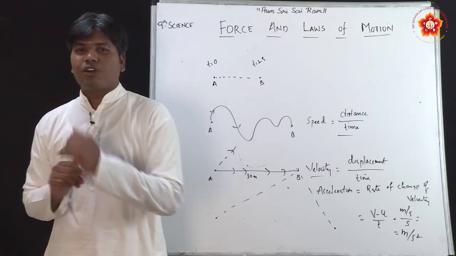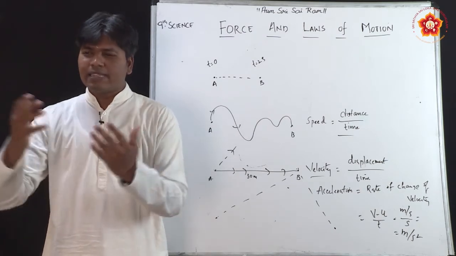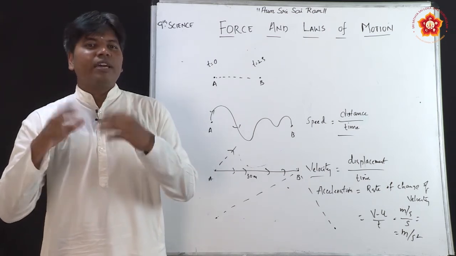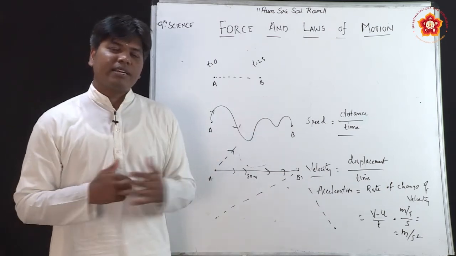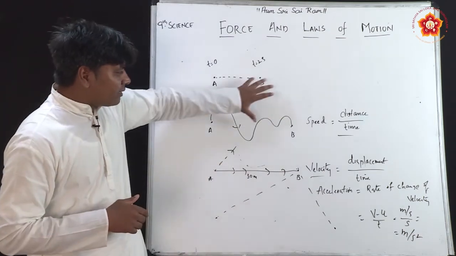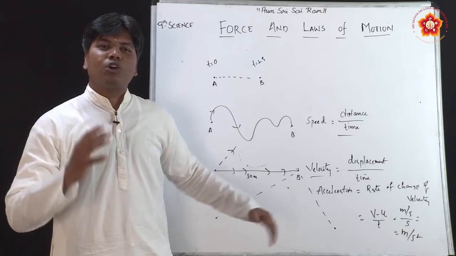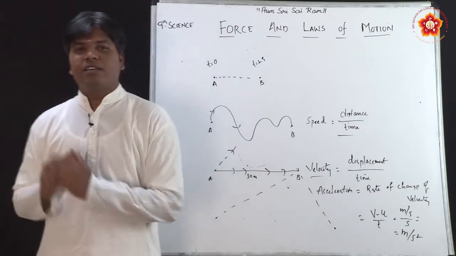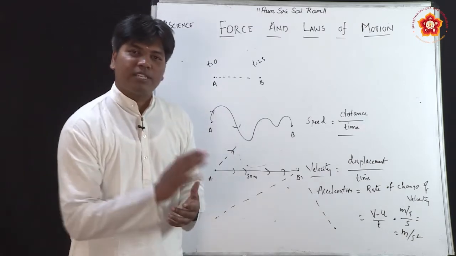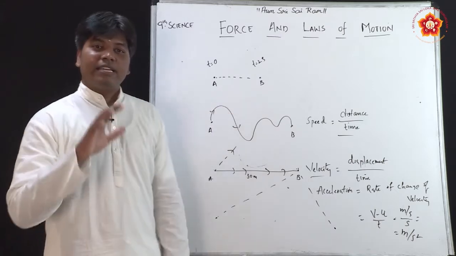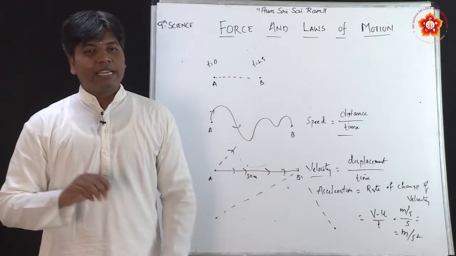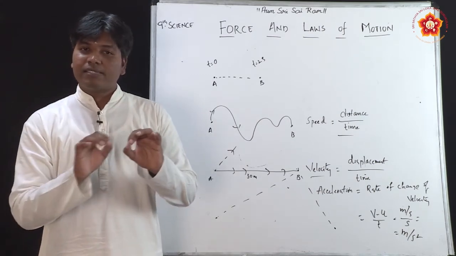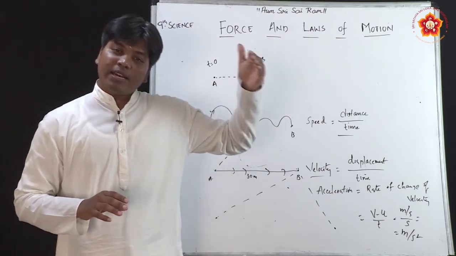Something is moving with some velocity, something is moving with some speed, something is taking this much time to complete the motion. So these are terms we are using, and we are seeing how they are moving, how much time they are taking. That means we are only seeing the things without bothering about the cause of this motion. Why the body is moving with certain speed, why the body is moving with some certain velocity. In this branch of physics, kinematics, we only discuss the motion without consideration of why the motion has actually occurred.